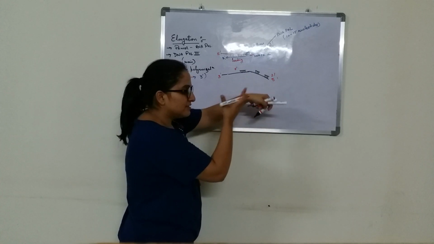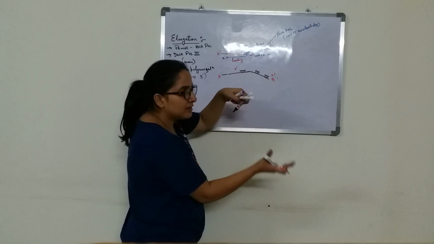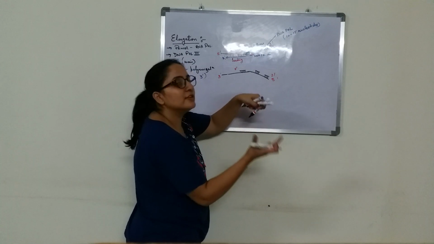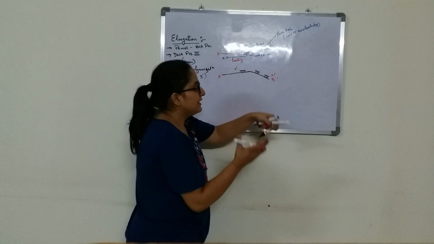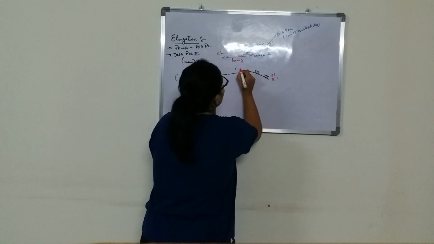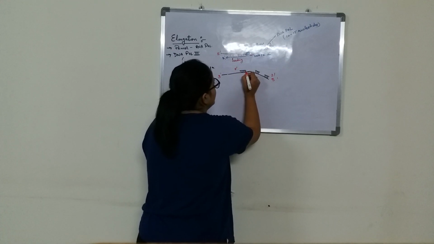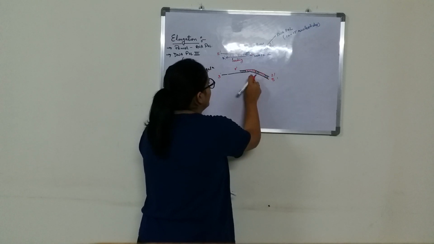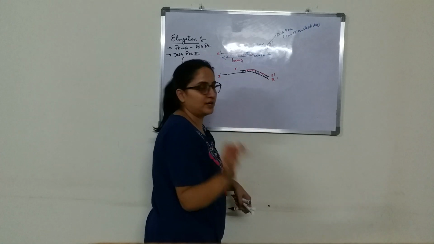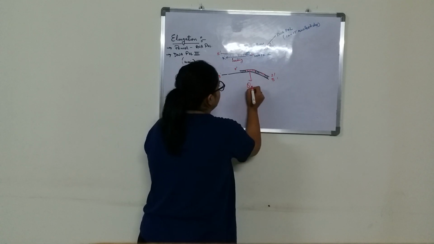In the same way, it should add the nucleotide in the second strand also, but it will go in the opposite direction. And that too in fragments. It will add the nucleotides in the second strand in fragment-like structures, which are known as Okazaki fragments.